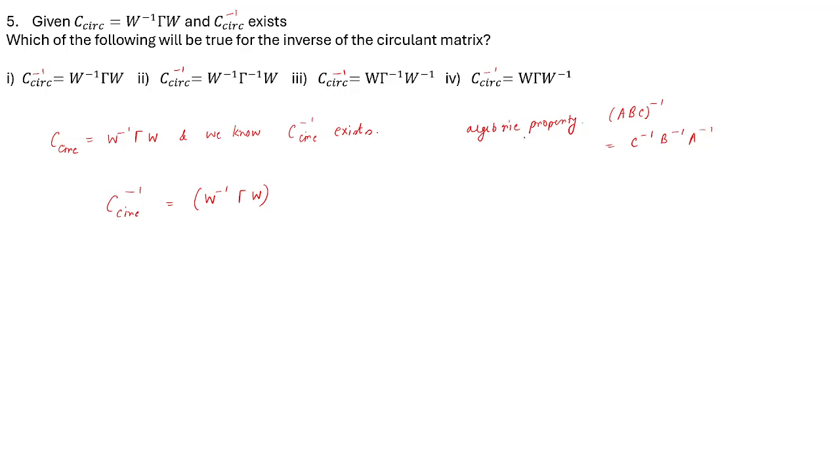So this one we can write as follows. We start from W inverse, gamma inverse, and W inverse inverse. So the double inverse comes back to its original format, that is W, and so we get this expression. It's pretty mathematical, easy to solve, of course. So the second one is the correct option.